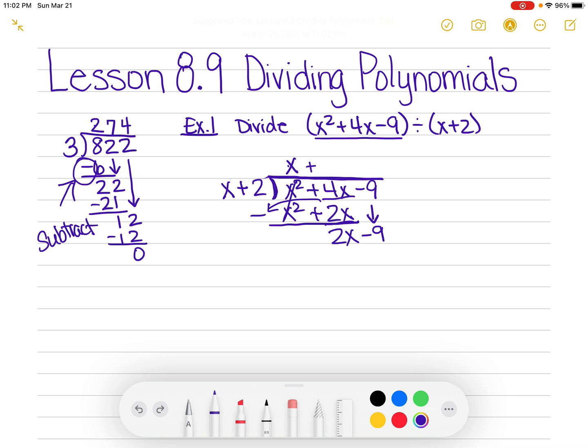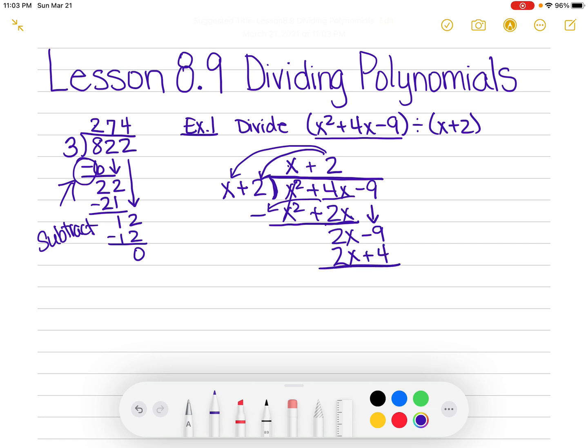I say, what number do I need to put there so that that number times the first one, we're only worried about the first one, is going to equal this first number, 2x? What number is that going to be? It's going to be a 2. So when I do 2 times x, I get 2x. And when I do 2 times 2, I get 4.